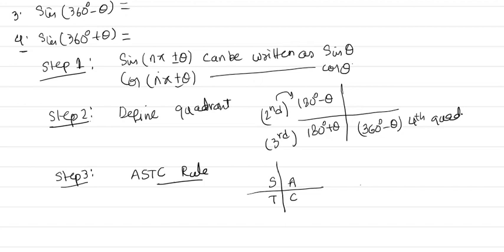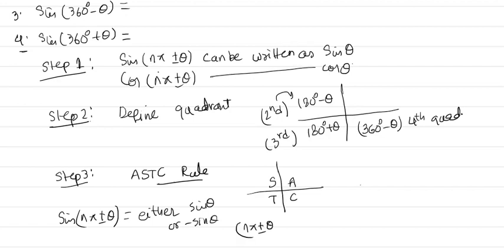So if using step 1 you are writing sine of n pi plus minus theta, and you want to decide whether it is plus sine theta or minus sine theta, that is governed by the ASTC rule. So sine of n pi plus minus theta will be equal to either sine theta or minus sine theta, depending on which quadrant n pi plus minus theta lies in.